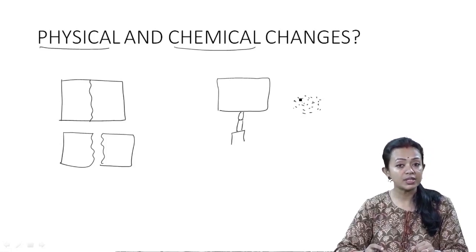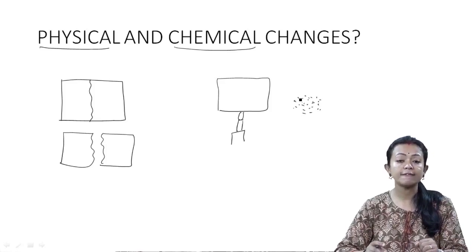Further, if you heat the water, it gets converted into the gaseous state. And again, the composition of the steam is the same as that of water and ice, that is H2O. So this transformation of water from solid to liquid and liquid to gas is a physical change.